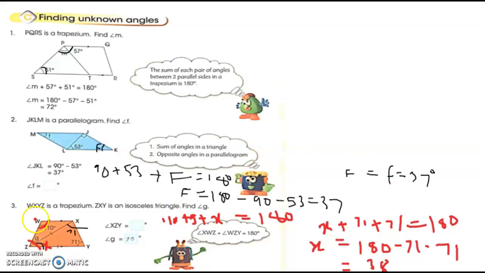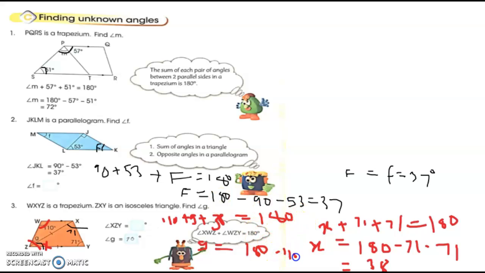Now that means this is 38. In the place of this x, now I will write 38. Okay, so I have only G to find out. So G is equal to, I'll keep all other things on the other side.